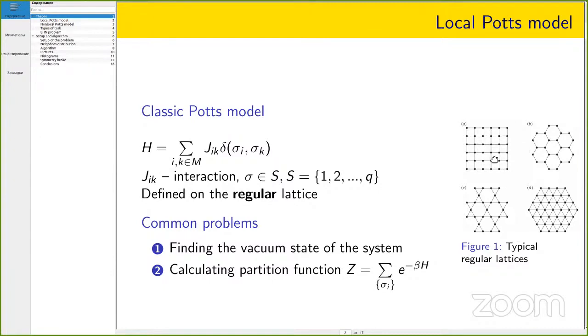In the Ising model, we have spin directed up and down at each site of the lattice, but for the Potts model, each site can take discrete values from some set. And common problems for these models are, for example, finding the vacuum state of the system or calculating the partition function, which is not an easy task even for small lattices.